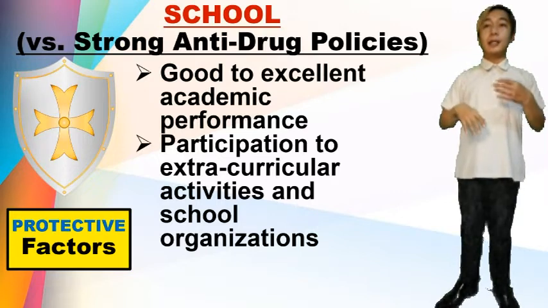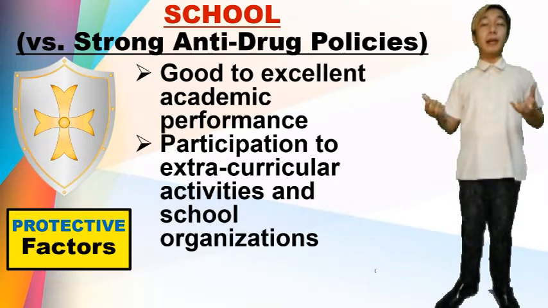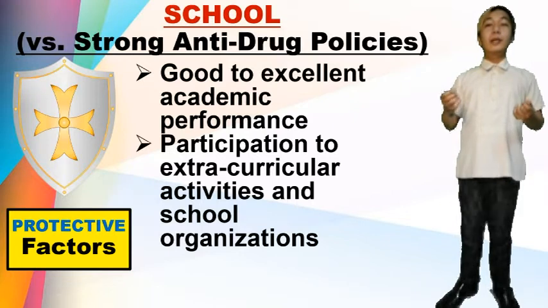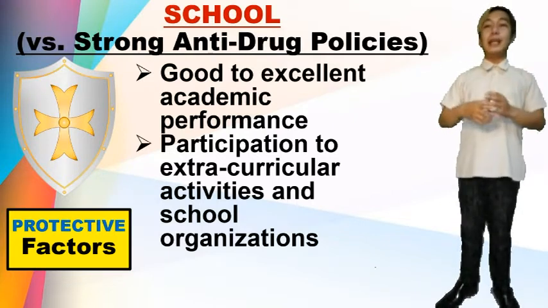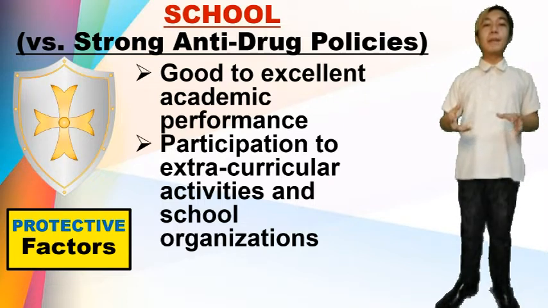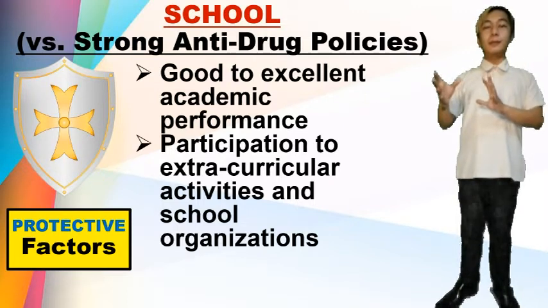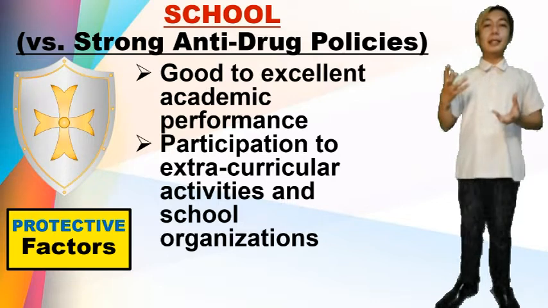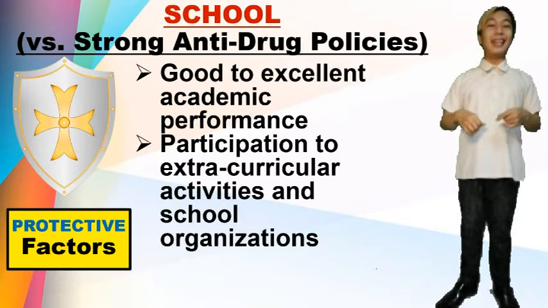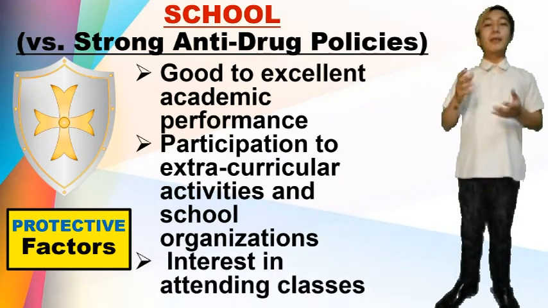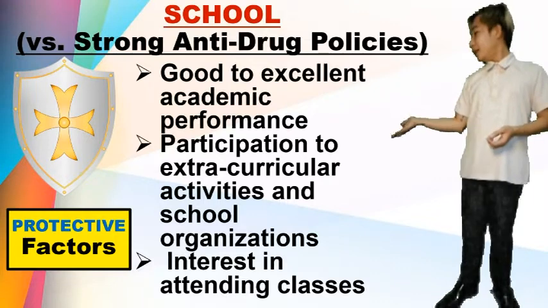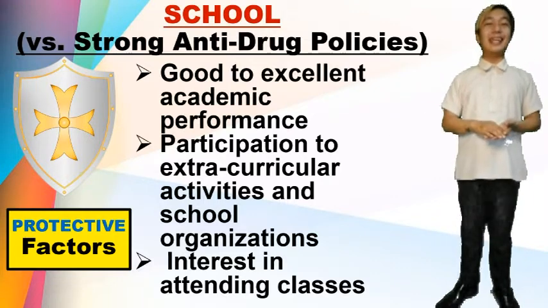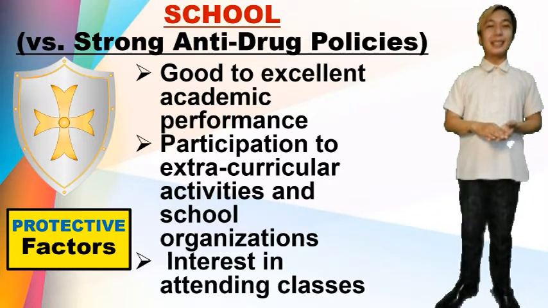If you are skilled and talented, you can join MCT and other clubs to boost your confidence and enhance your skills, so that it will develop your innate skills, your thinking of other things will be diverted to your skills, and then you will have interest in attending classes.